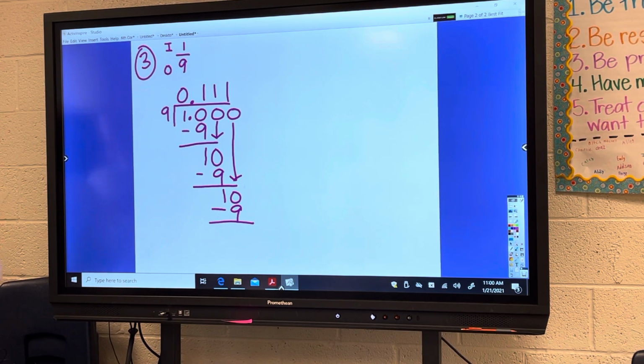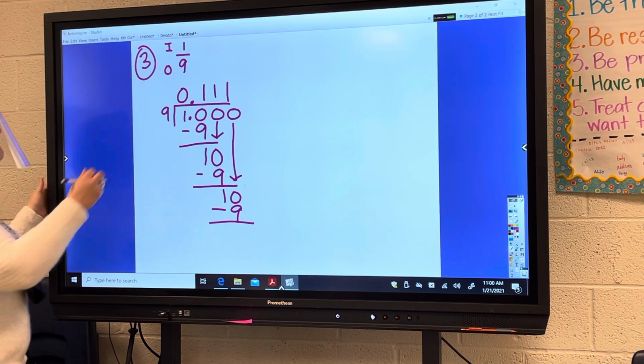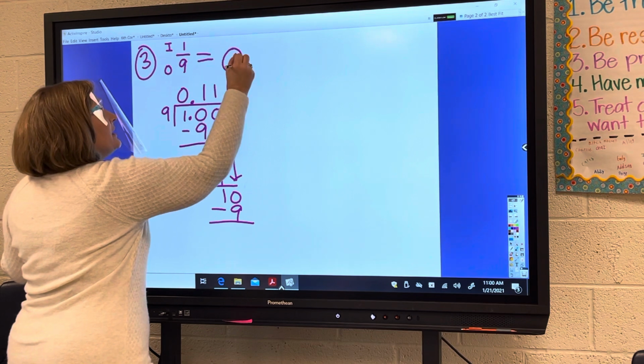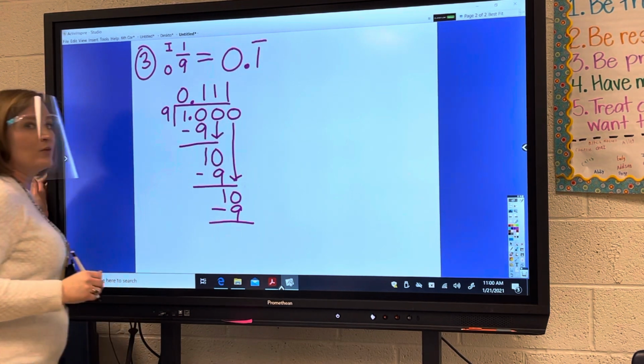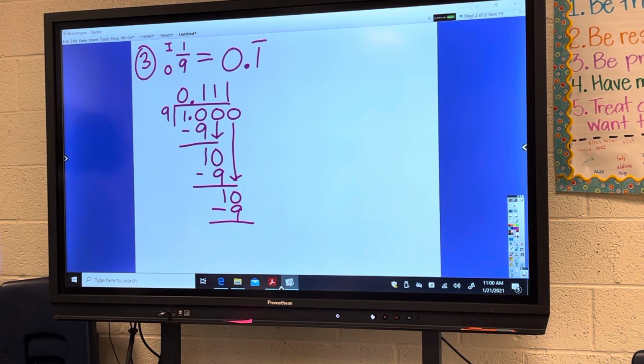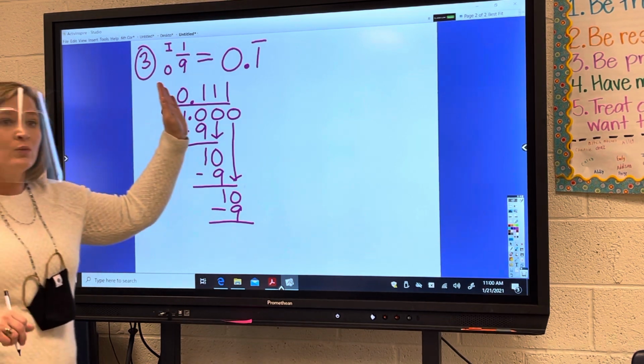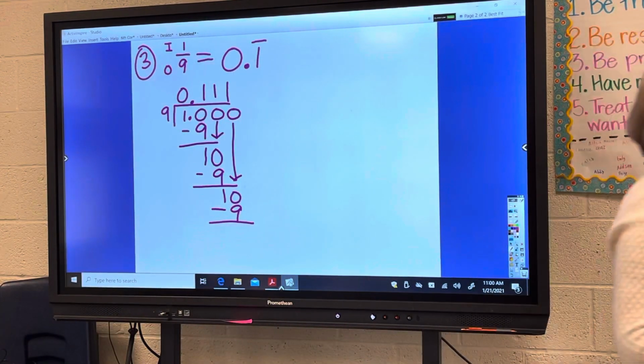Okay, we know that when we have a repeating number after a decimal, we put a bar over the 1, okay? And that bar says that it's 1, 1, 1, 1, 1, 1, 1, and it's never, ever going to stop.